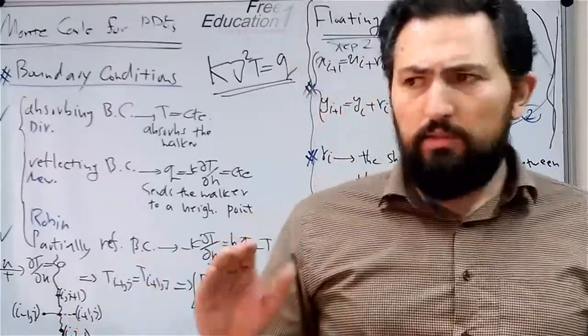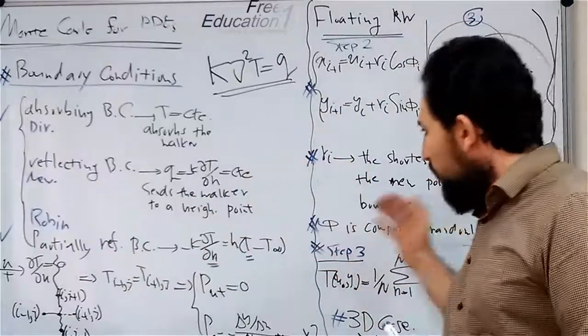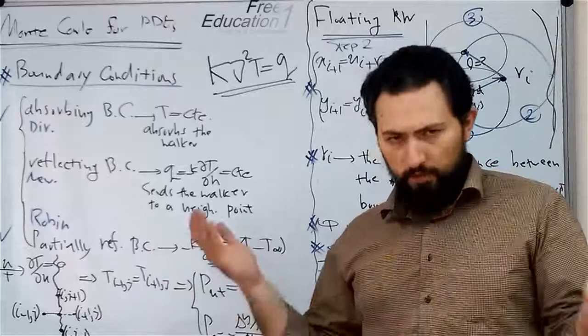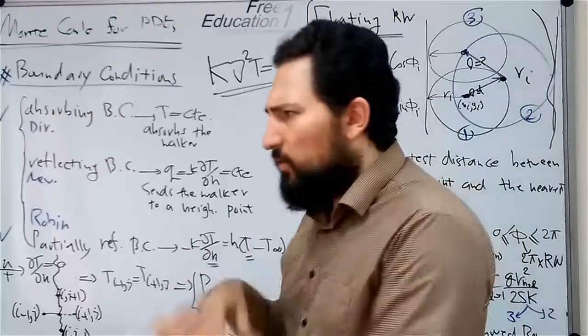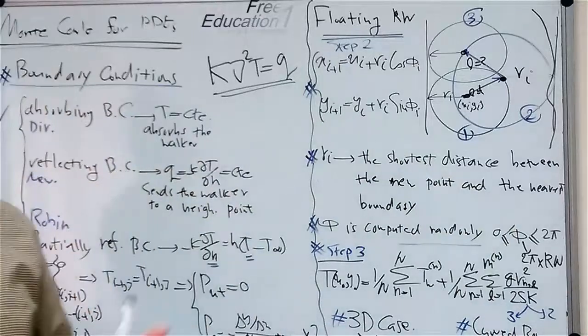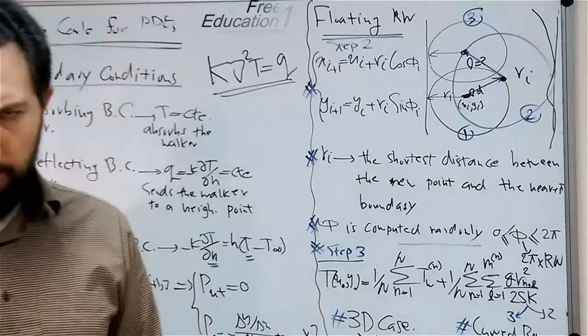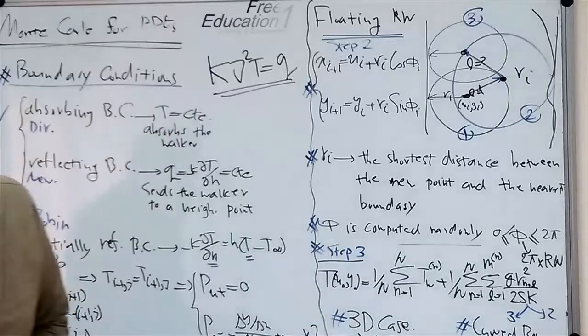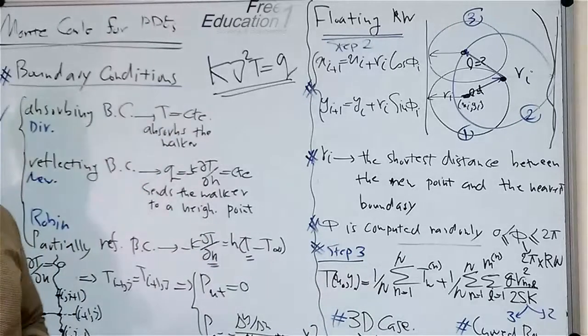Okay, then you can perform the random walk process using the fixed step method as before, but in some complex applications, such as systems involving curved boundaries, you may choose another version of the random walk process, which is called the floating point random walk or the variable step random walk process.